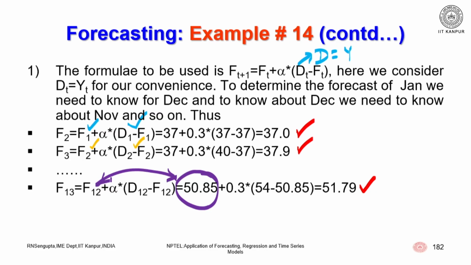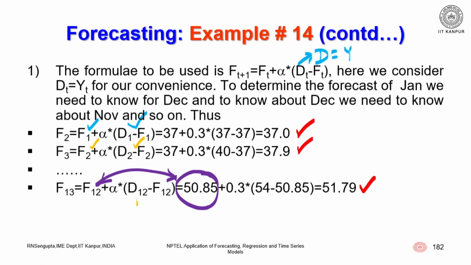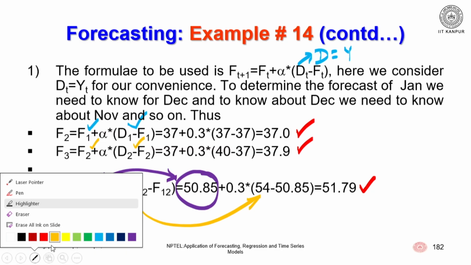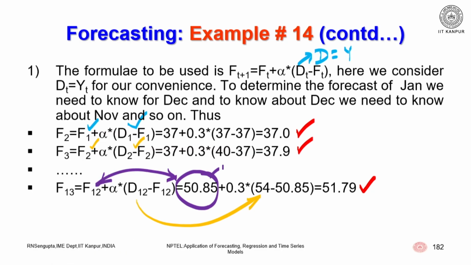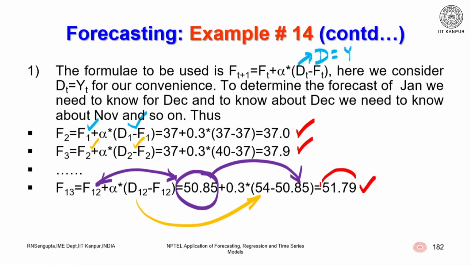Alpha we know is 0.3, the value of D12, which is Y12, is 54, and this value of 50.89 which you already have is basically the value of F12. Utilizing that, we get 51.79 for F13.